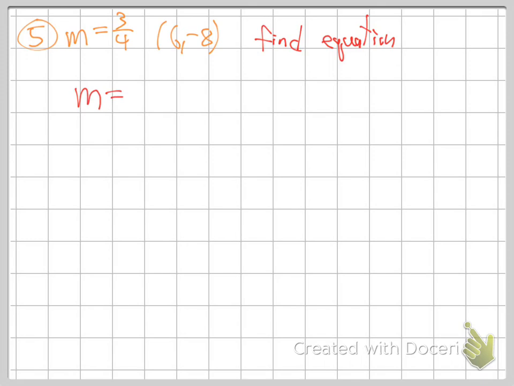You write m equals, because slope equals. Remember, I said just use the slope formula, y2 minus y1 over x2 minus x1. But I said, make it blanks in the back and just a plain y and plain x. So it's like a simple version of the slope formula.